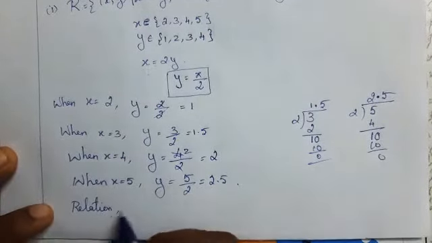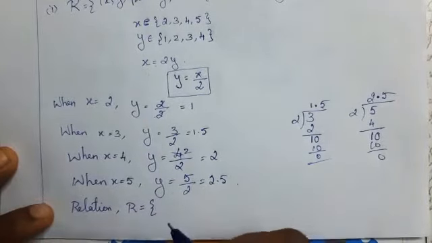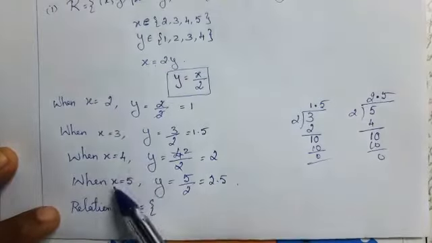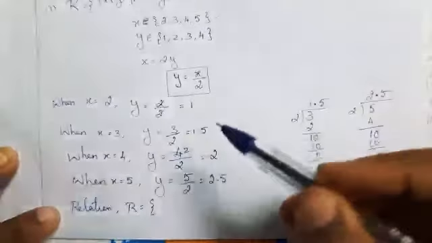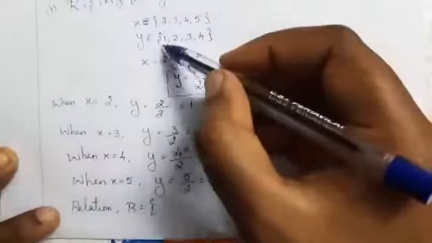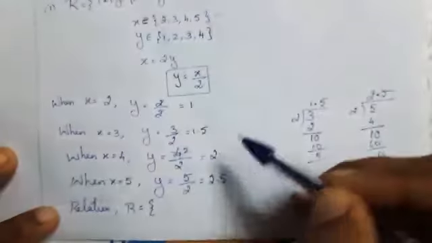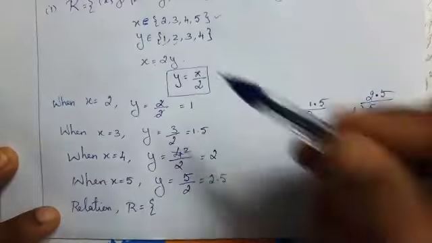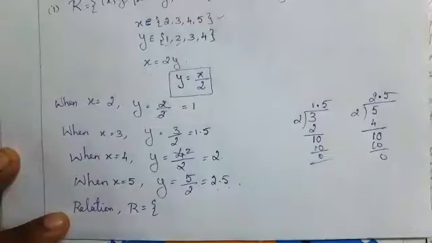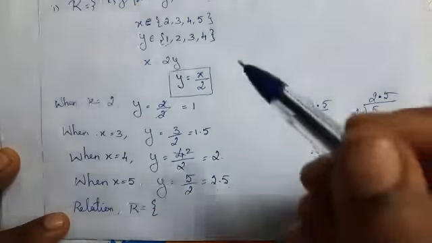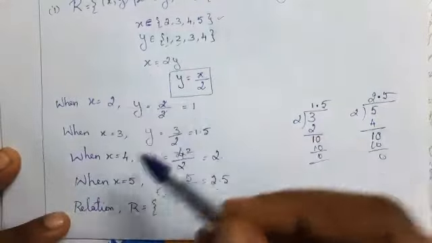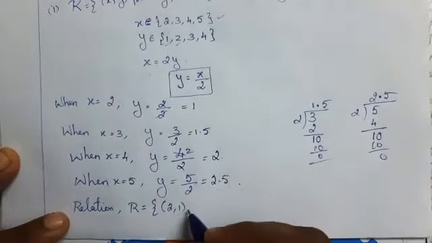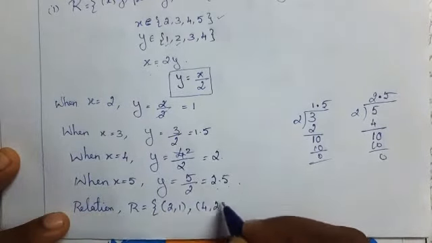Relation capital R is equal to, see, the elements 2, 3, 4, 5 belong to x, that is correct. The element 1 belongs to y, 2 belongs to y, but 1.5 and 2.5 are not present. Therefore, the relation is (2, 1) and (4, 2).